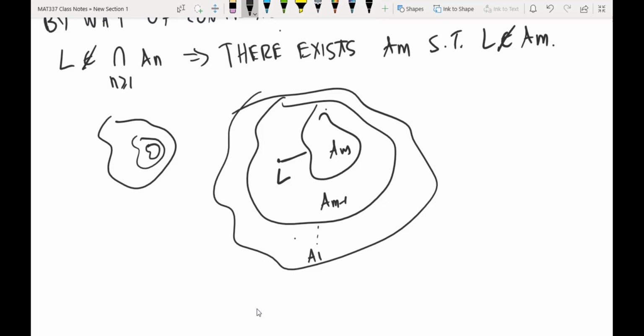And there is a positive distance, let epsilon naught be the infimum of |L minus s| for s in Am, over 2.